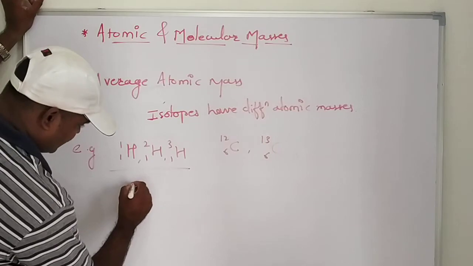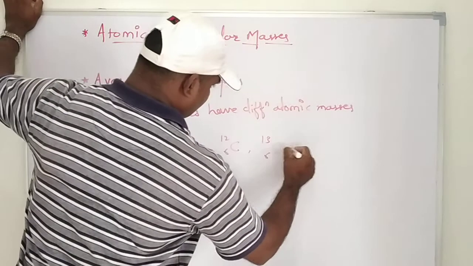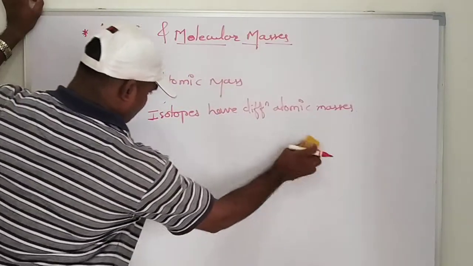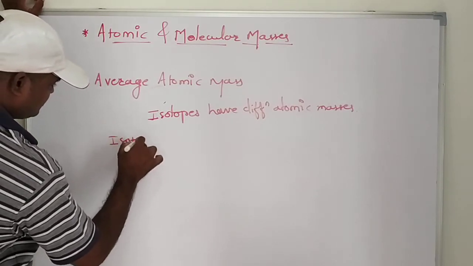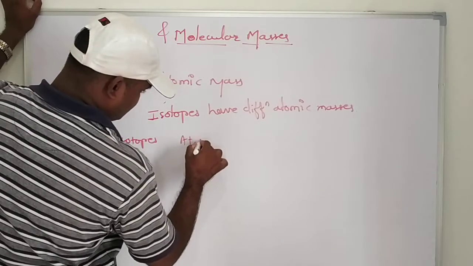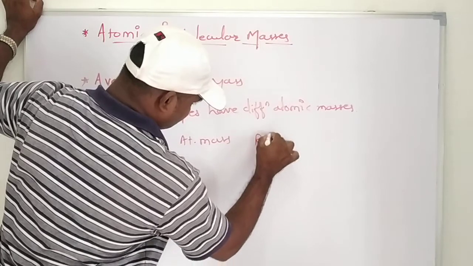There are 3 isotopes of carbon that we are going to take. Isotopes, atomic mass and relative abundance.